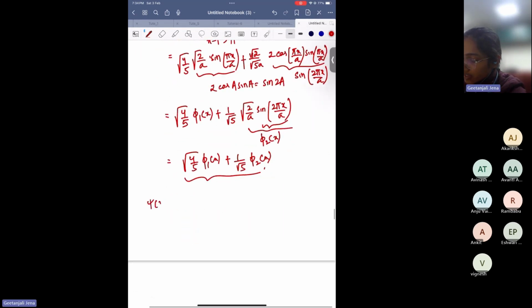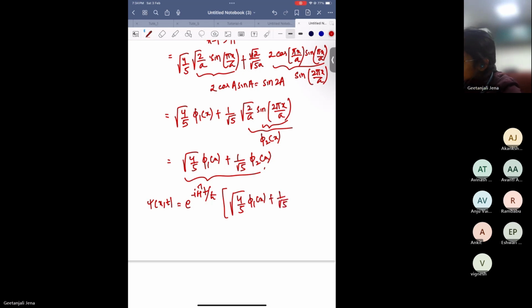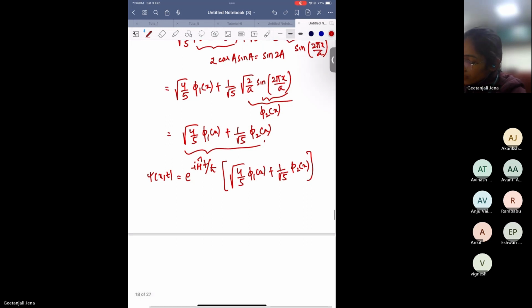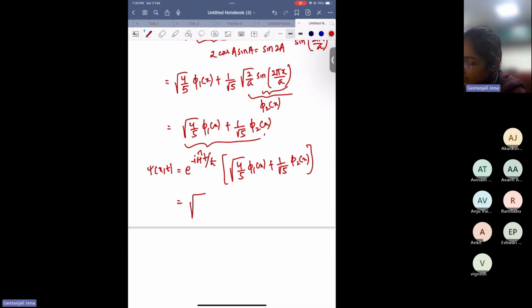So psi of x,t is nothing but e to the minus iEt by h cut, root over 4 by 5 phi 1 x plus 1 by root over 5 phi 2 x. Now just take this time evolution operator inside.